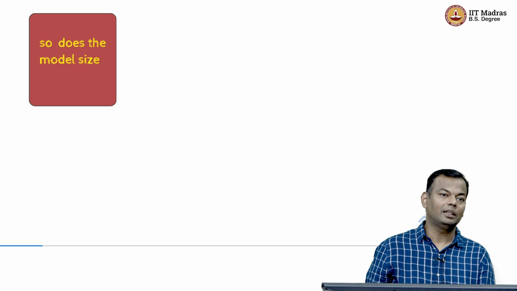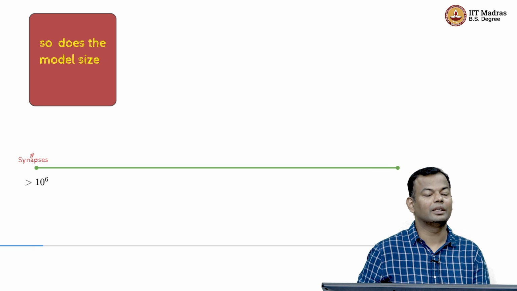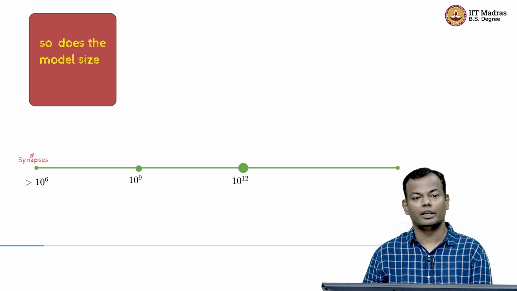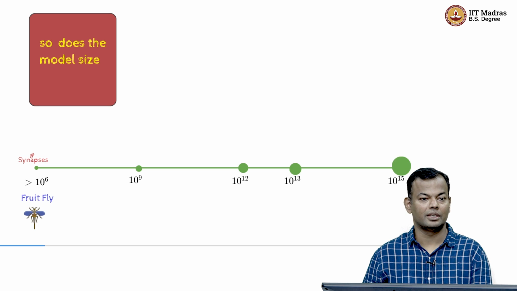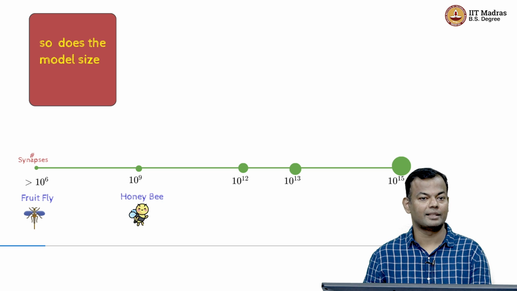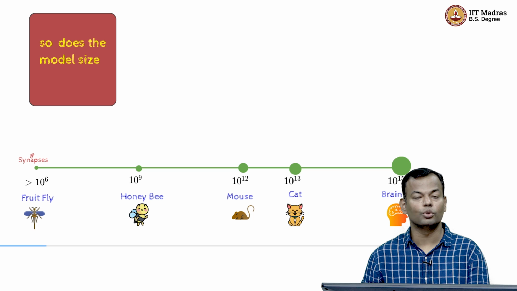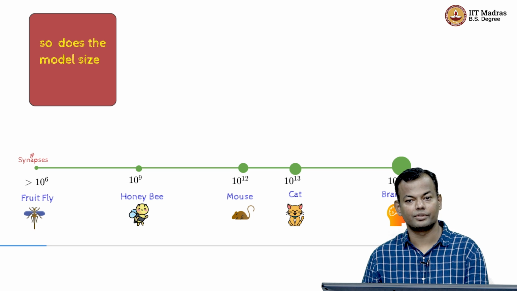And along with that, the model size also keeps growing, right? So this is an interesting sort of cartoon where if you look at the number of synapses in different organisms, a fruit fly has 10⁶ synapses, a honeybee has 10⁹, and so on, right? And the human brain has 10¹⁵ synapses.